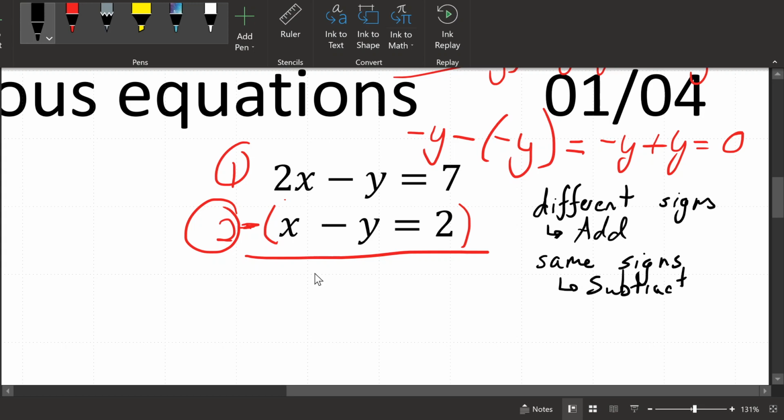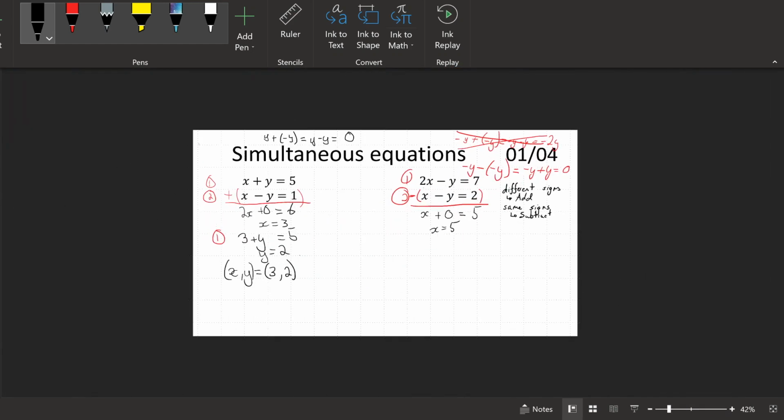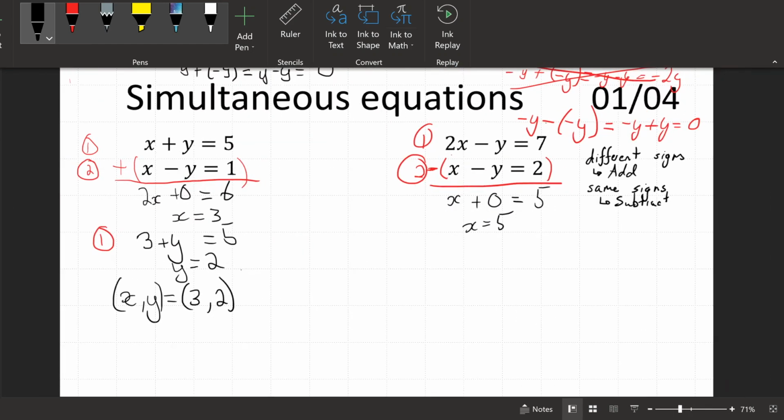So 2x, take away x, that's just going to be x, minus y, take away negative y, well, that's going to equal 0. And then we've got 7, take away 2, that's going to equal 5. So we have x equals 5. And now we're just solving the rest of the equation the same way that we have been solving each other one.